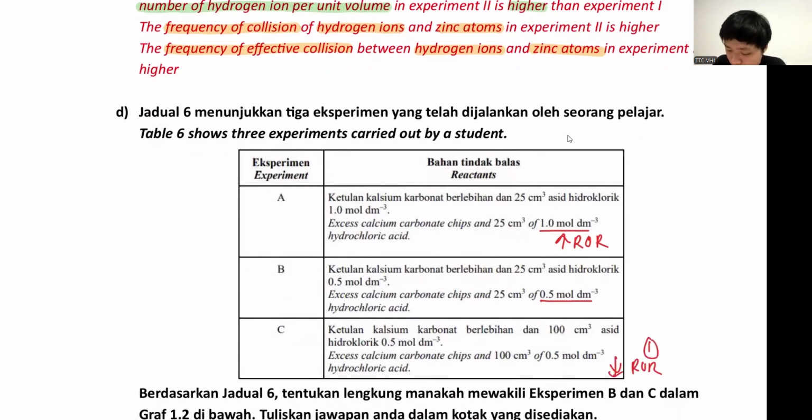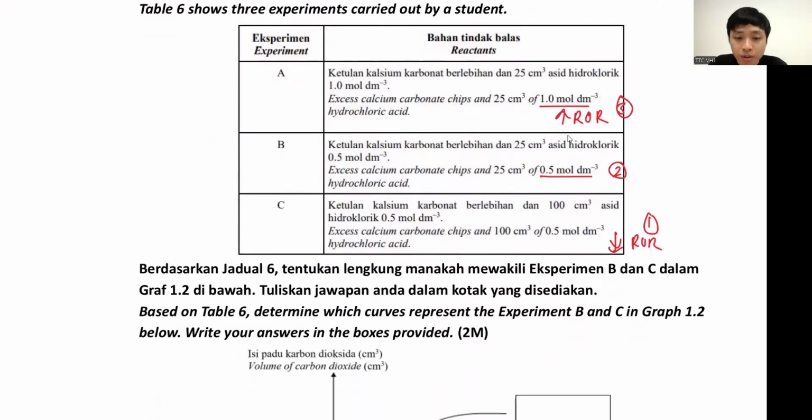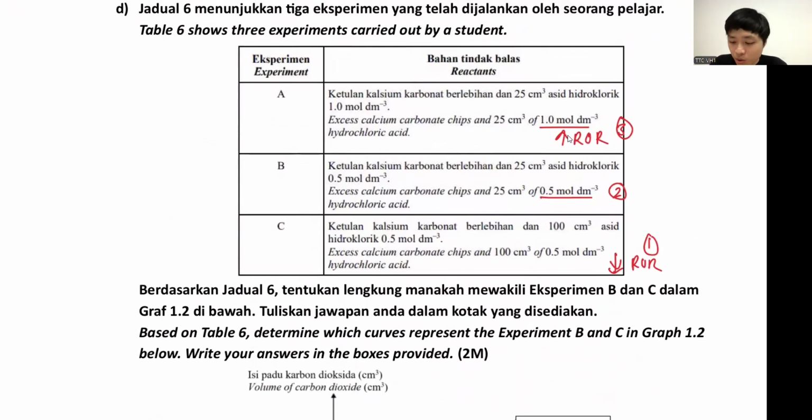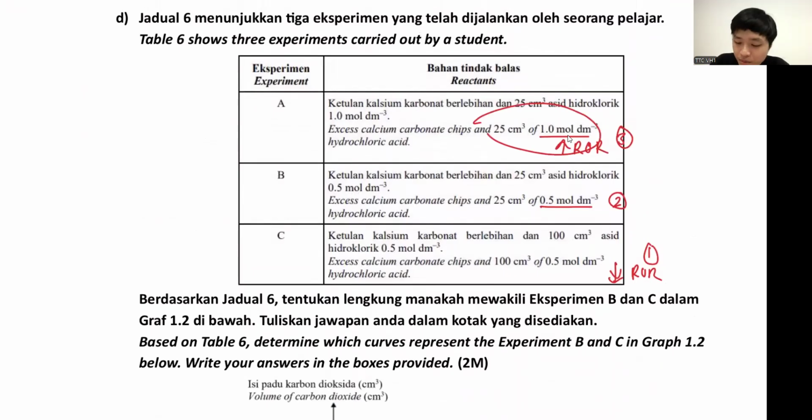So the fastest is this one, number one. Second, this one. But the height will be different, because the number of mole is different. Let's calculate number of mole of HCl. 25 times 1 over 1000, you will get 0.025.